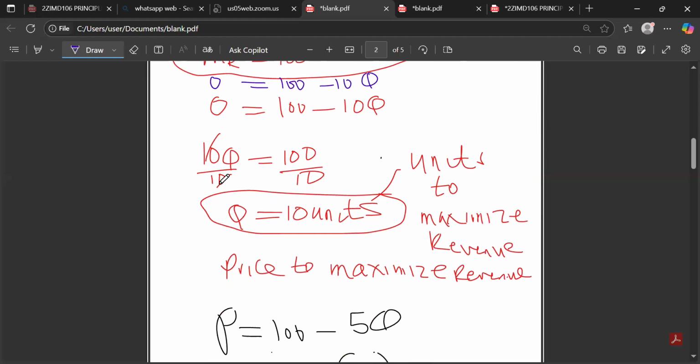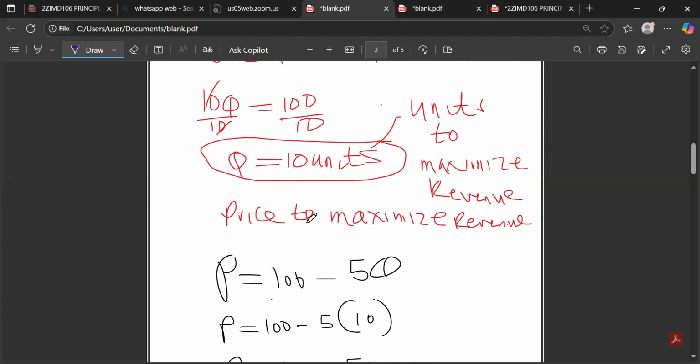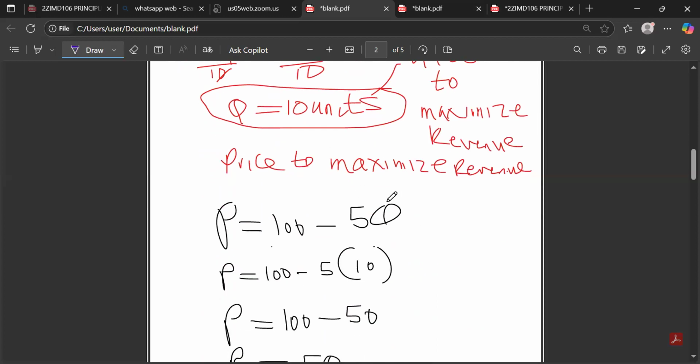We got Q as 10 units. Then after that, we are supposed to find the price. So we went back to the equation for the price and we substituted Q as 10. Is that okay? Yes. Okay. I think I just got lost over the change.